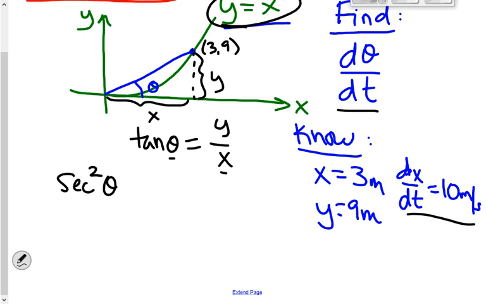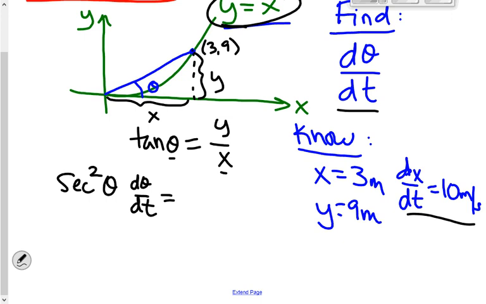Time. So what do I have to multiply this by? D theta dt. Okay. Remember, when we're doing these related rate problems, it's really like applying the chain rule one more time because everything is a function of t. So I always have to take that derivative with respect to t.